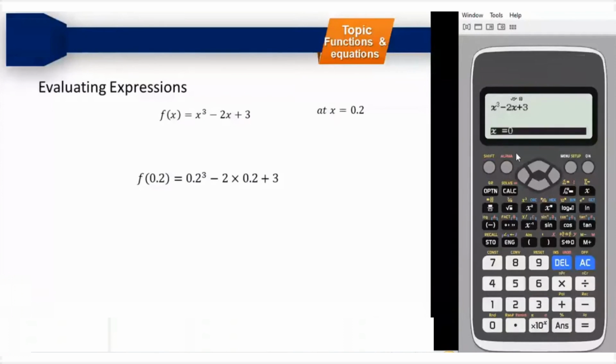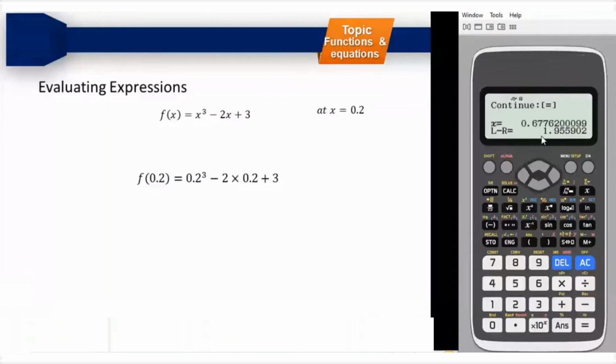The calculator will ask what value of x you want to insert. So you want to insert x as 0.2. And now when you press equals to, you will get the value of x, which is this, and L minus R, please note, is not 0.